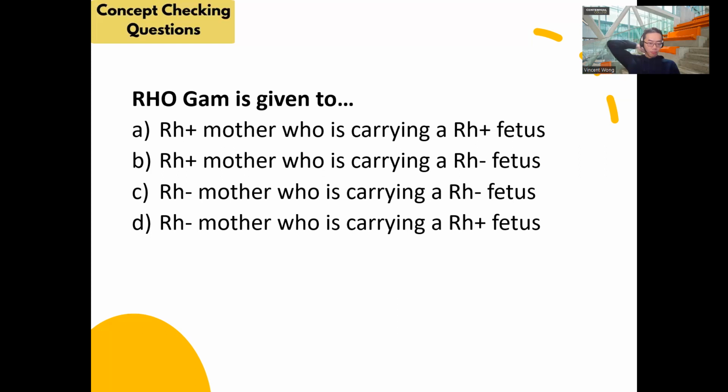It's not going to be a permanent thing because those antibodies will eventually break down, but it's not good for the mother for sure. So RhoGAM is only suitable for a negative mother who is carrying a positive baby.